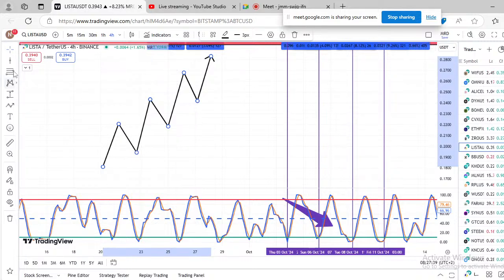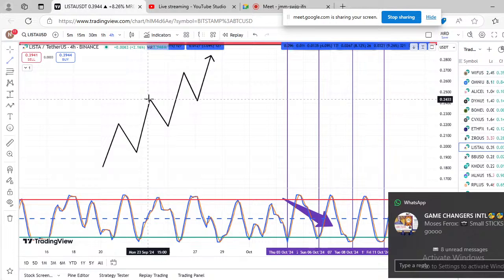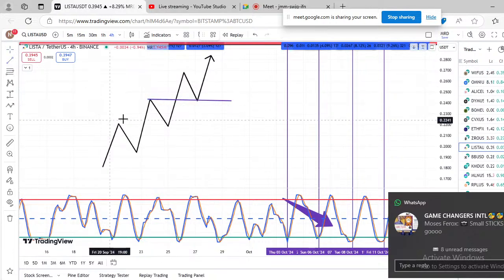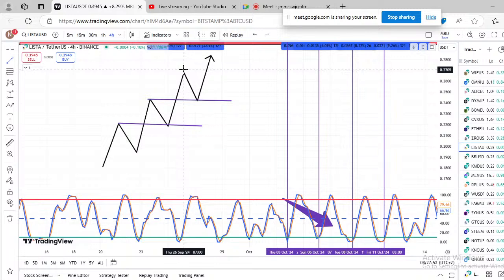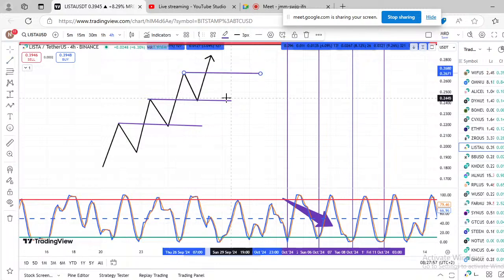So you have to draw lines always like this. Construct a straight line like this. Construct another straight line like this. Construct another straight line like this. You get the point? Therefore, these lines are working as resistance and at the same time as support, according to where the market is.